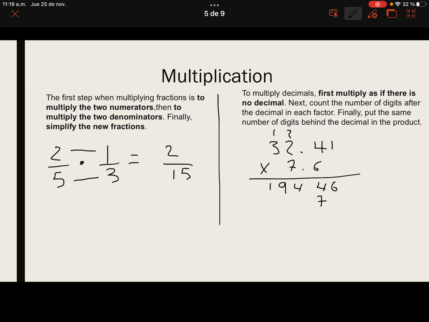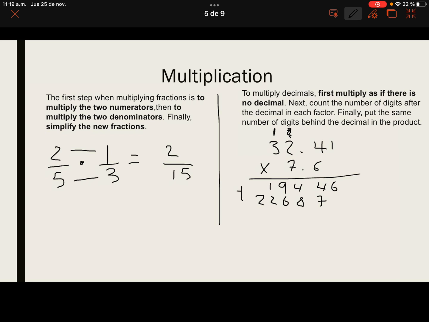Remember that you have to move to the next column. 7 times 4 is 28, then 2 here, and 2 in the next column. 7 times 2 is 14, plus 2 is 16, 6 here, and 1 in the next column here. And 3 times 7 is 21, plus 1 is 22.